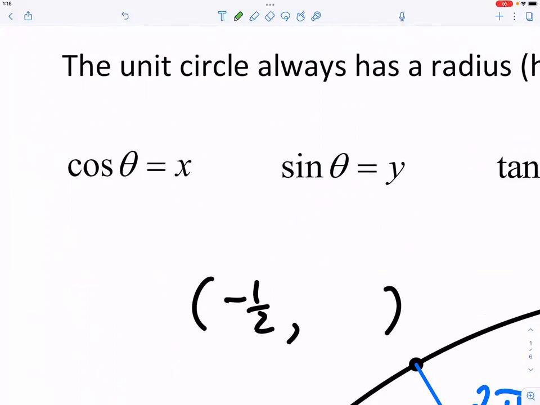If you think about the unit circle, remember that cosine theta is adjacent over hypotenuse. But in unit circle, adjacent side is the x, and the hypotenuse is 1. So we'll just say, oh, x is equal to cosine theta. The x value is the cosine theta. The y value is the sine theta.